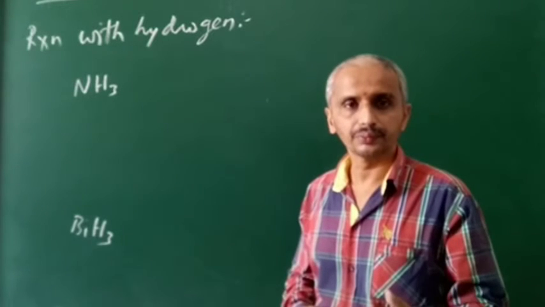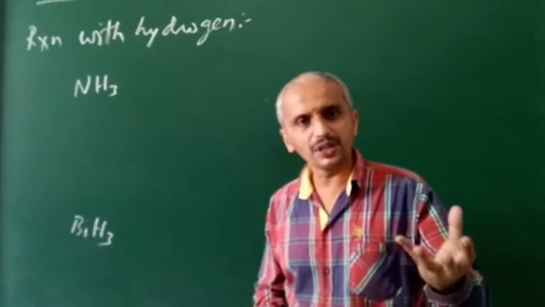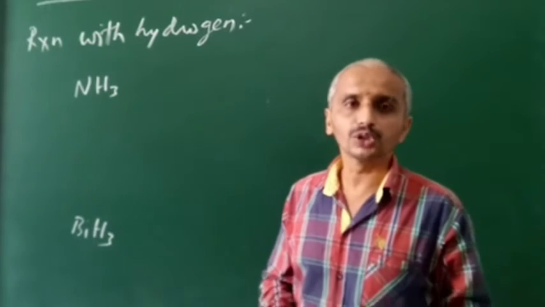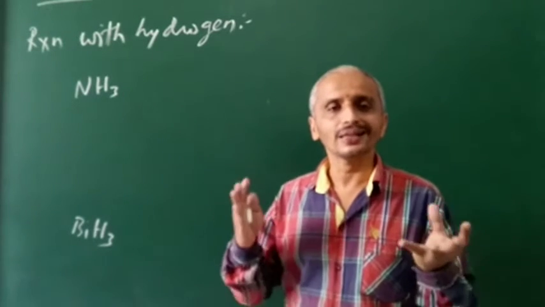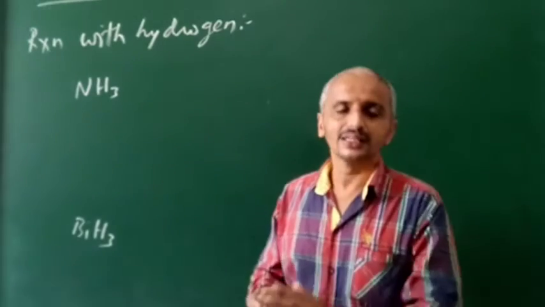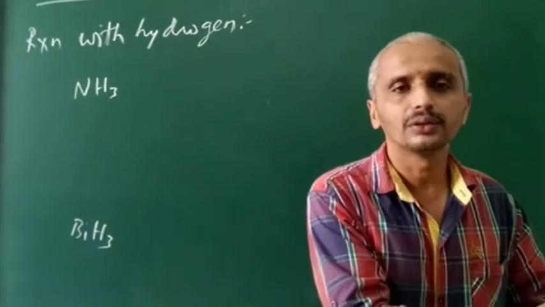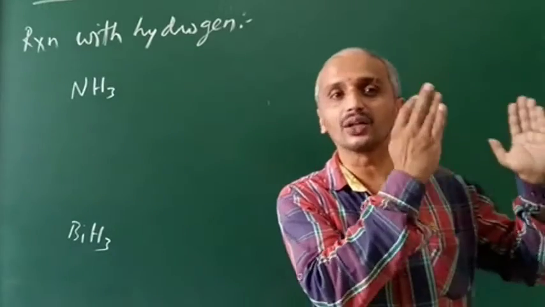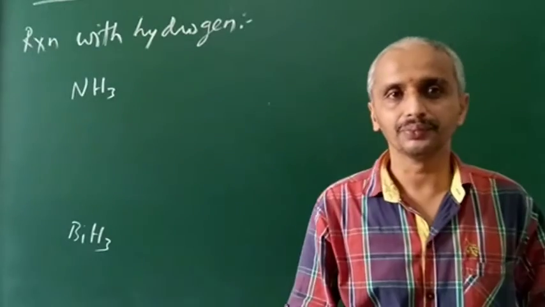Definitely bismuth hydride will be the better reducing agent because it can give the hydrogen quite easily compared to ammonia owing to its smaller size. Ammonia cannot give the hydrogen easily.